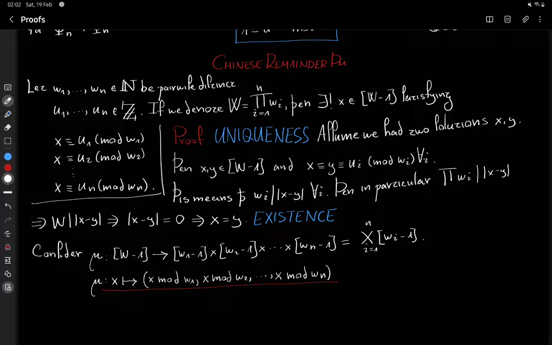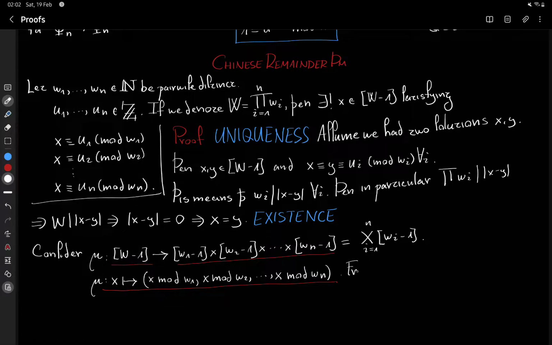And since here we have only a finite number of elements, and so we do here, then we have an injective map which maps a finite domain onto a finite codomain. Well, that means that it's onto as well. It's also surjective. And since it's injective and surjective, it is bijective.